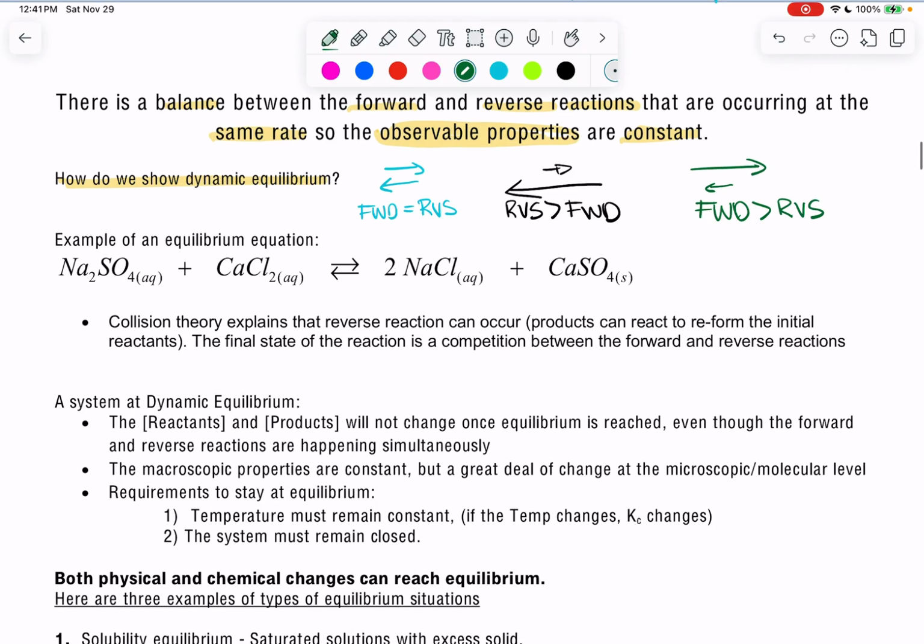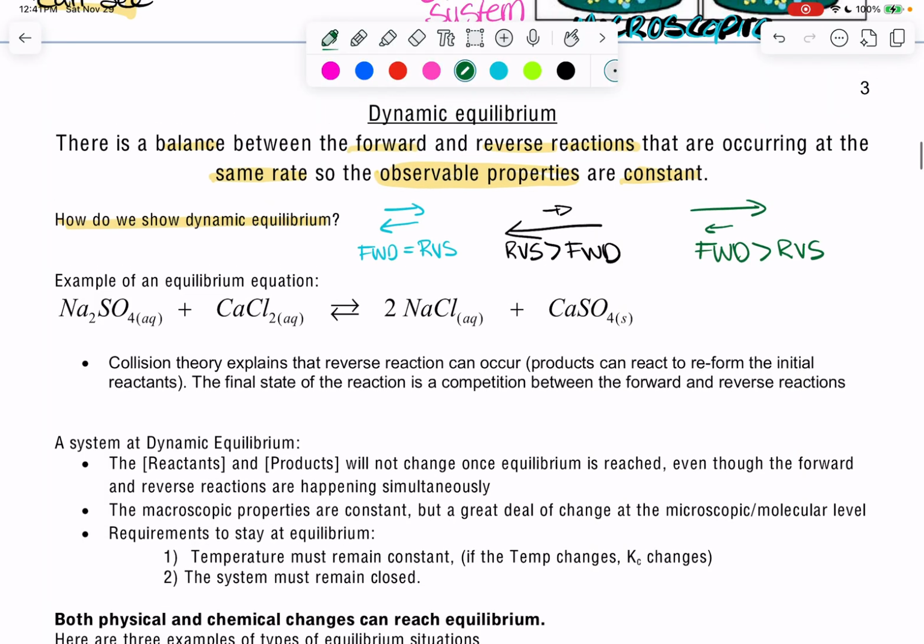Sometimes we can also have numbers here. So we can say greater than 90%, less than 90%. We can say equal to 50%. Sometimes we add numbers, but typically we just do big arrows, little arrows, because like I said, chemists don't love to write very much. How do we know that something's an equilibrium reaction?